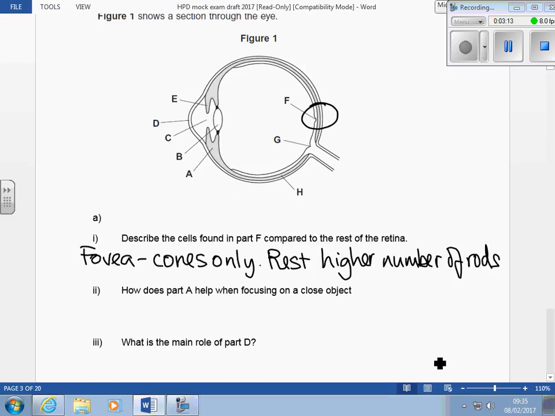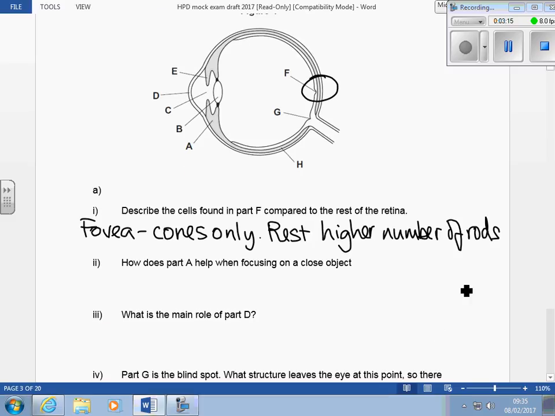Right, coming down a little bit, we have, how does part A help when focusing on a close object? What's part A? Yeah, ciliary body containing muscle, yeah? All right, so we could call it ciliary muscle. So I'll put ciliary muscle.